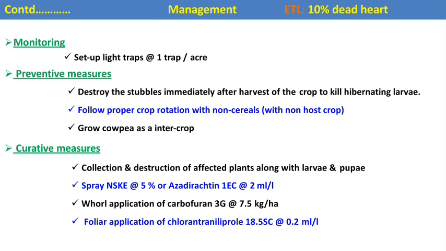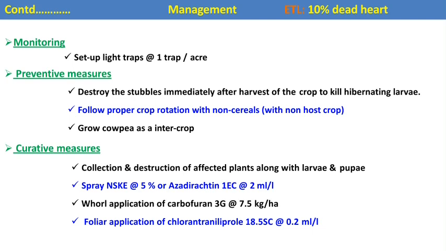Then in case of curative control, collection and destruction of affected plants along with the larvae and pupae is one of the major mechanical practices. Then spray a botanical insecticide like 5% NSKE and azadirachtin 2 ml per liter.